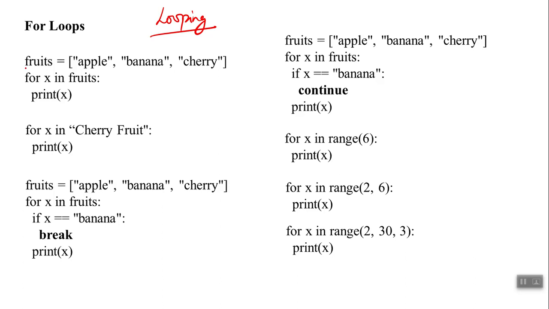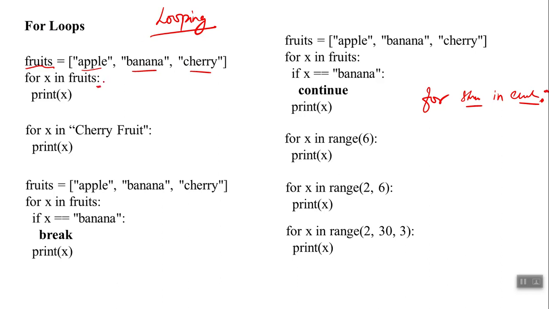I have a list called fruits. First is apple, banana and cherry. I have three values in fruits. The for loop is nothing but for a value in a sequence, and then you have to put a colon.